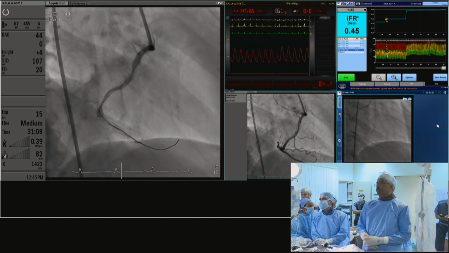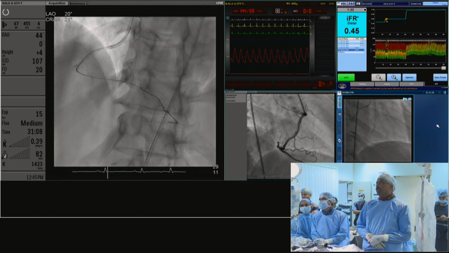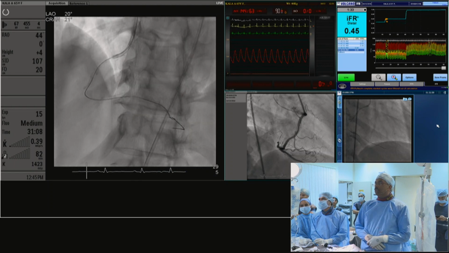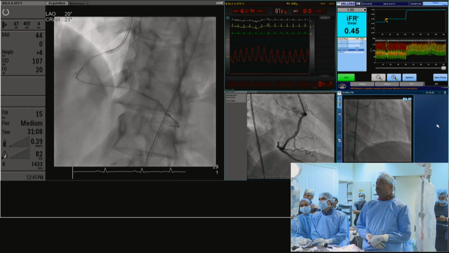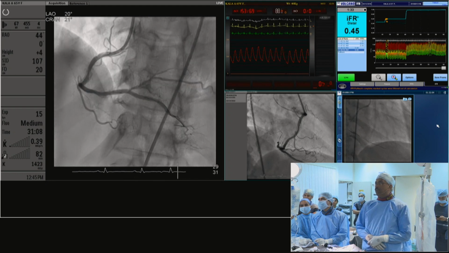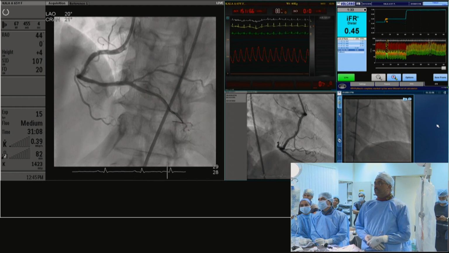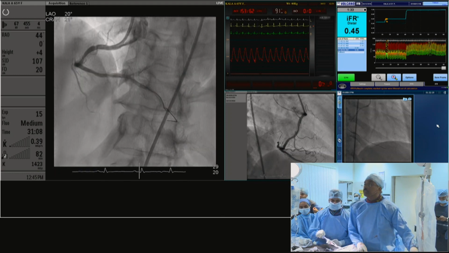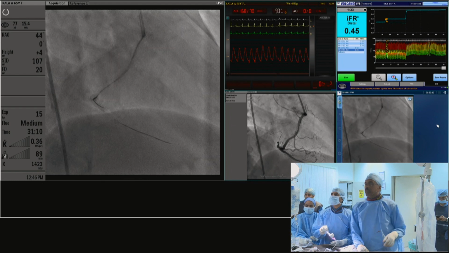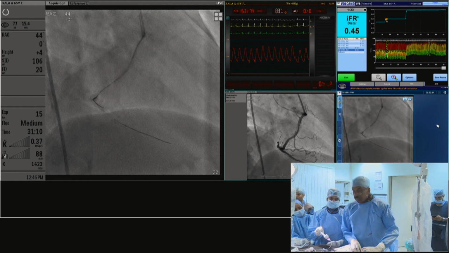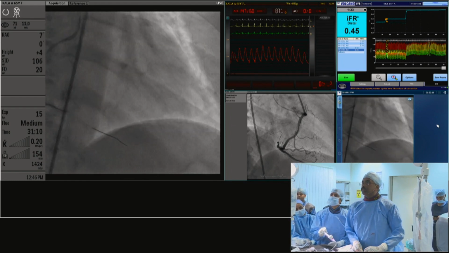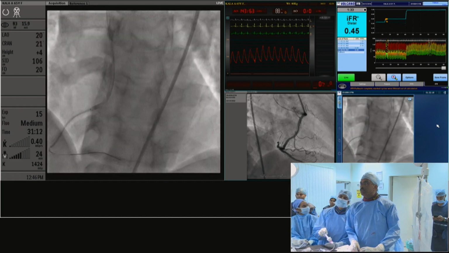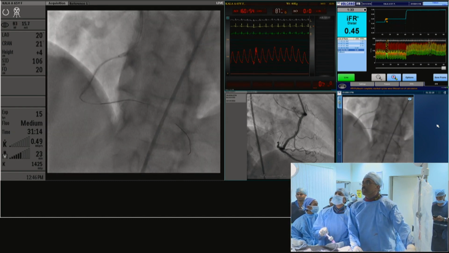And show the other previous picture. So we've got a distal vessel pretty good, and we're now tracking a 3.5 by 38 Synergy again. Let me go back to the other view. So it's a bit tough to get stents through, but I think we are reasonable.